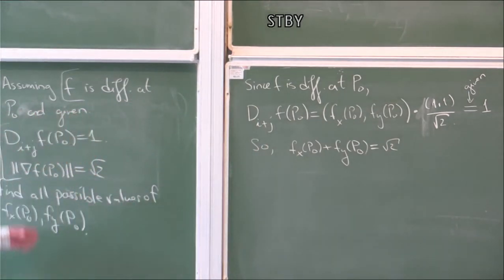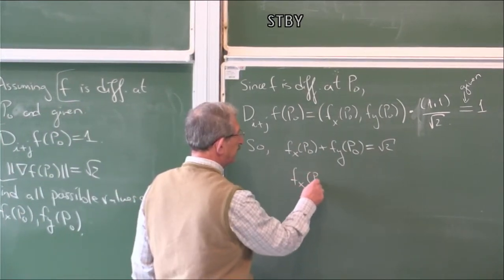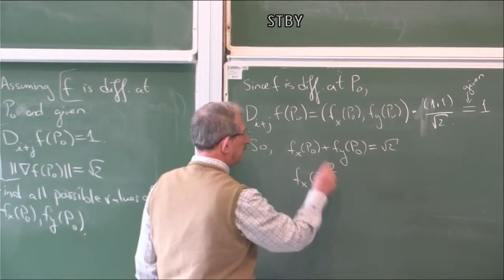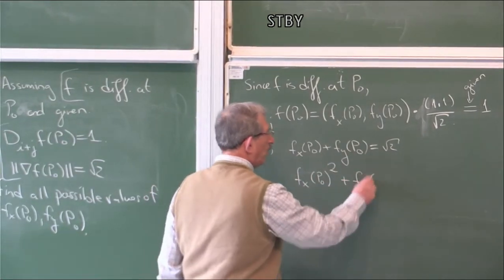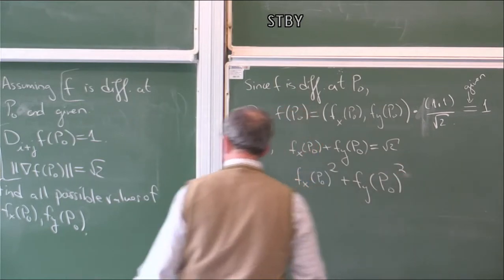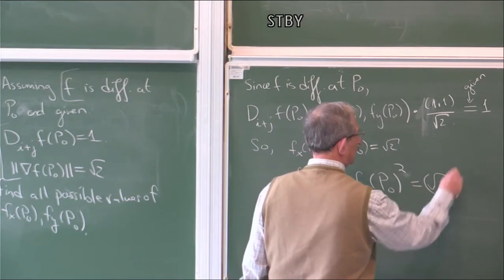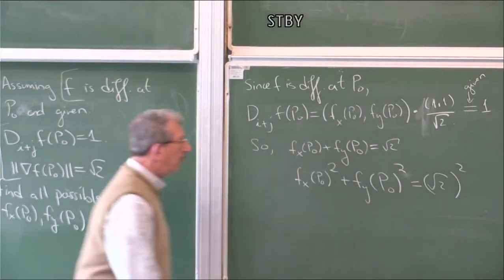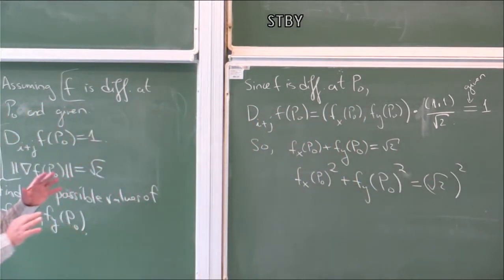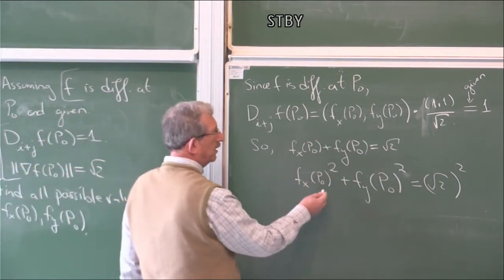The other one is a norm, the length of the vector. So it tells us that f_x at P0 squared plus f_y at P0 squared is equal to square root 2 squared. Now, using these two pieces of data, we get the following.